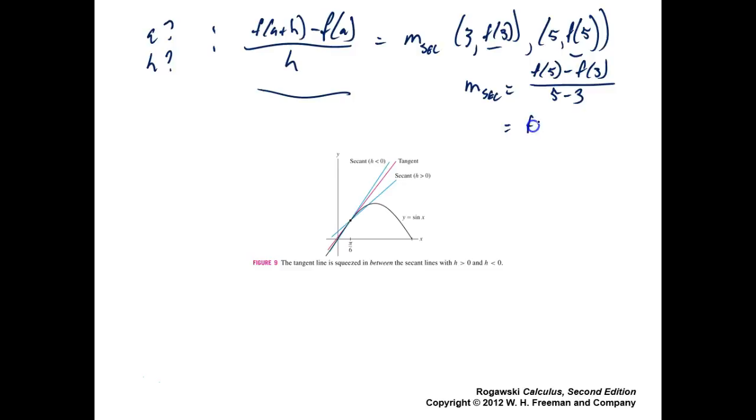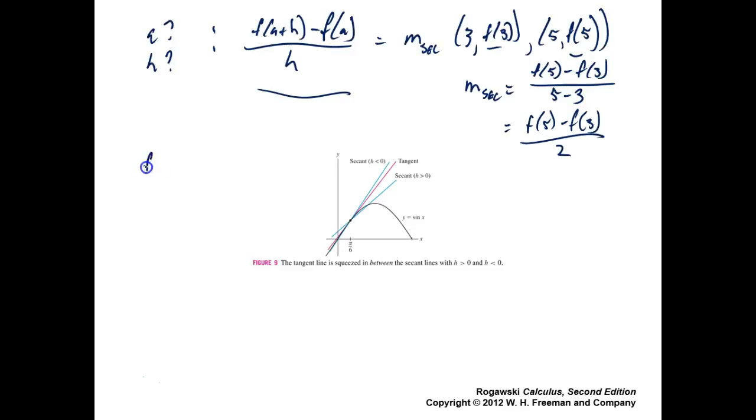So that would be f of 5 minus f of 3 over 2. Okay? Now, it says find a and h so that would have to be true.